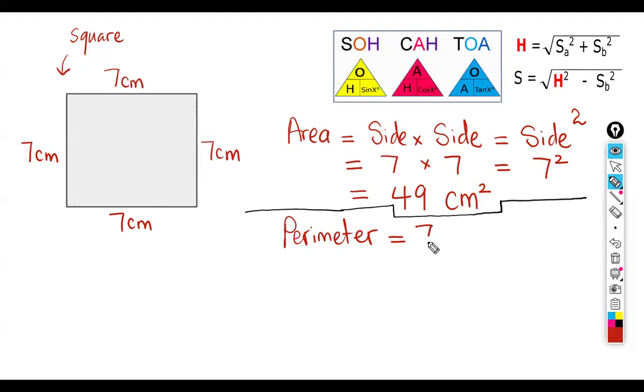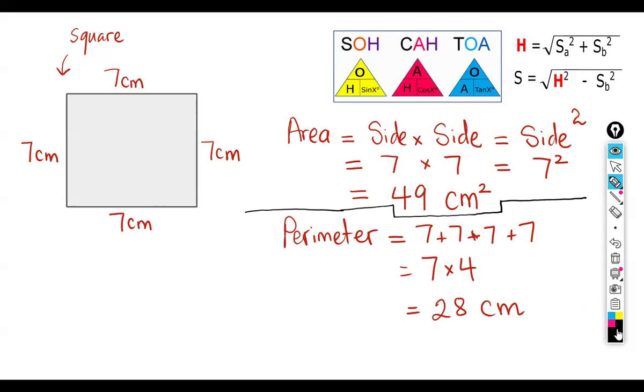Or 7 multiplied by 4, which is 28 centimeters, not centimeters squared. Perimeter is just a length. Great, so real simple question.